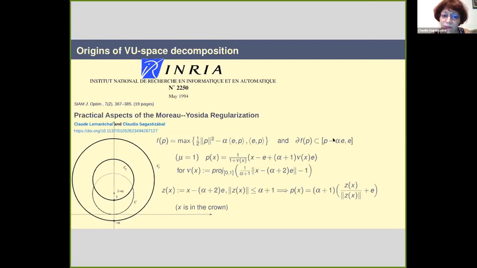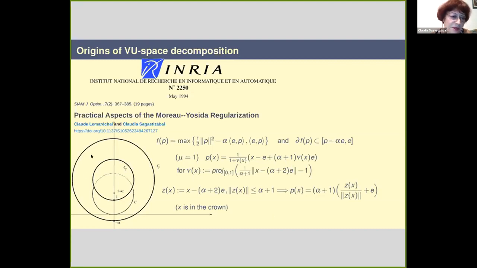If alpha is 0, 0 will be in the boundary of the subdifferential, and this is what complicates things later on. But if alpha is not 0, then 0 will not be in the boundary. It will be in the relative interior of this segment that defines the subdifferential at 0. And this is when good things happen.